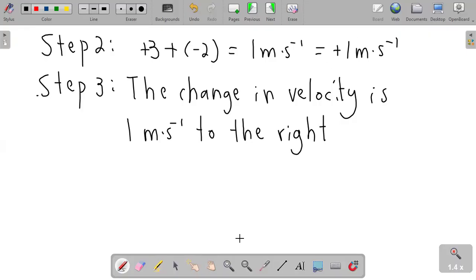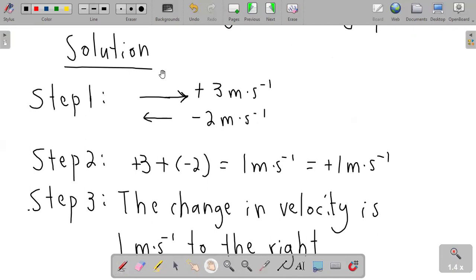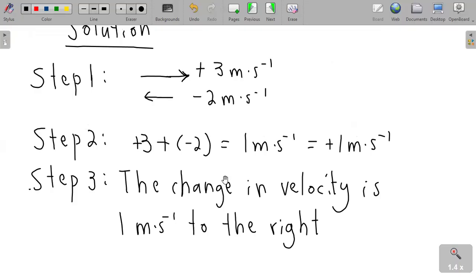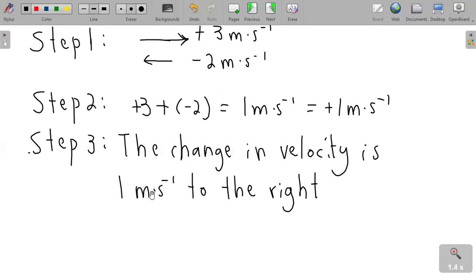Our answer is positive, and the positive direction is the right, according to step 1. When we were deciding on direction, we said to the right is positive and to the left is negative. Then we added the magnitudes of the 2 vectors with the appropriate signs, and the answer was positive. So the change in velocity is 1 meter per second to the right. The resultant vector must be in words.